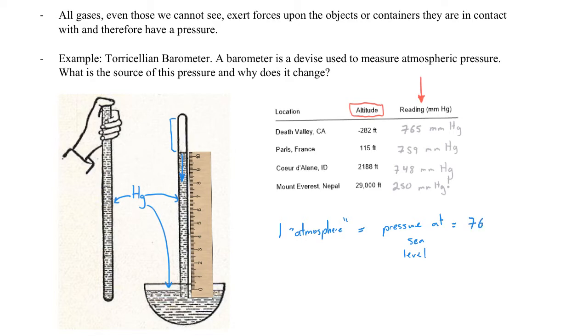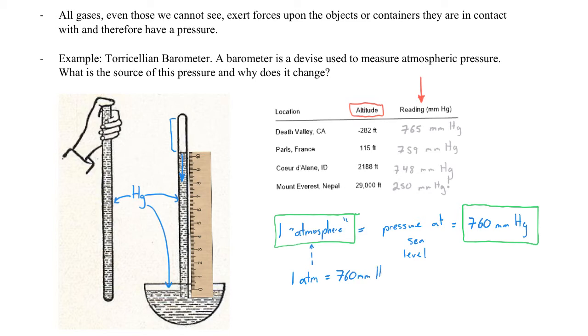And we also use the atmosphere unit, or 1 atmosphere. 1 atmosphere, or an ATM unit, is the pressure that you would read on a Torricelli barometer at sea level, which ideally is 760 millimeters of mercury. So the unit atmosphere, or 1 atmosphere, is equal to 760 millimeters of mercury.